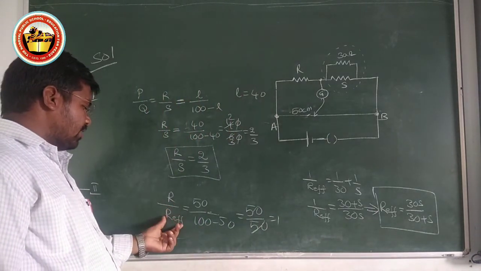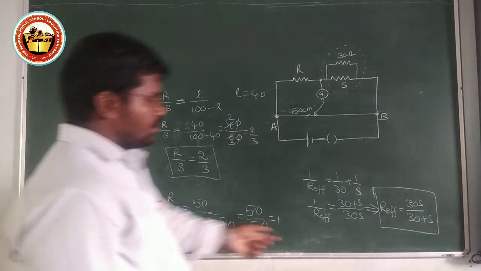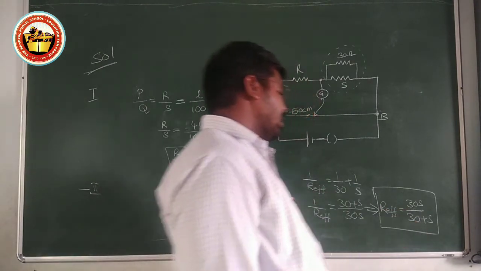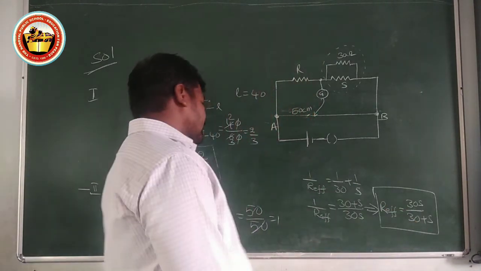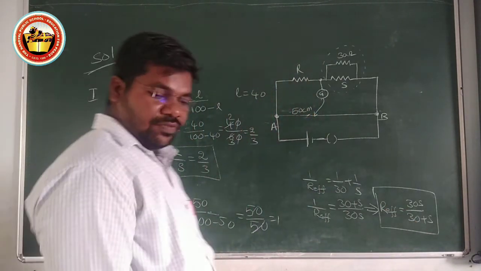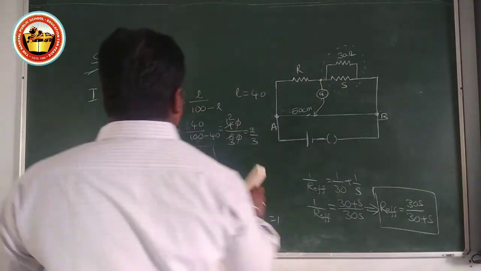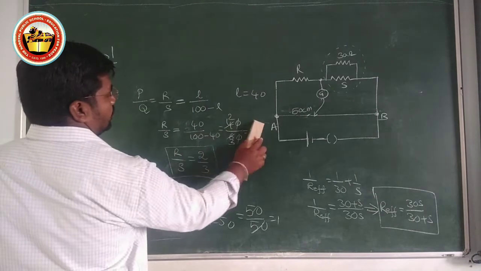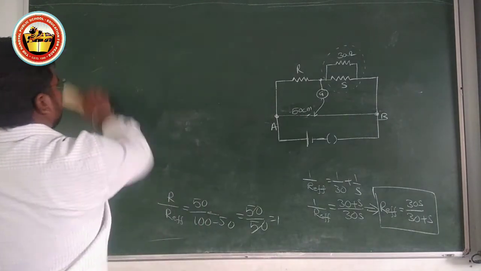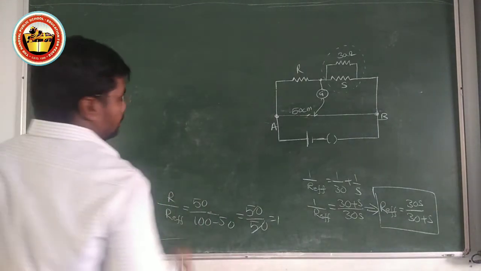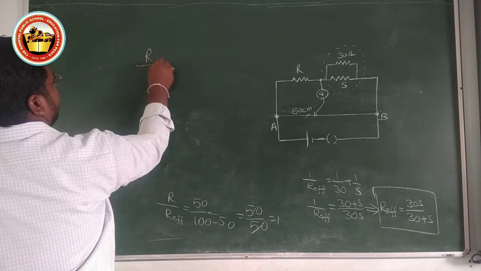This R effective can be substituted here. R divided by R effective means R divided by 30S divided by 30 plus S, which is equal to 1.